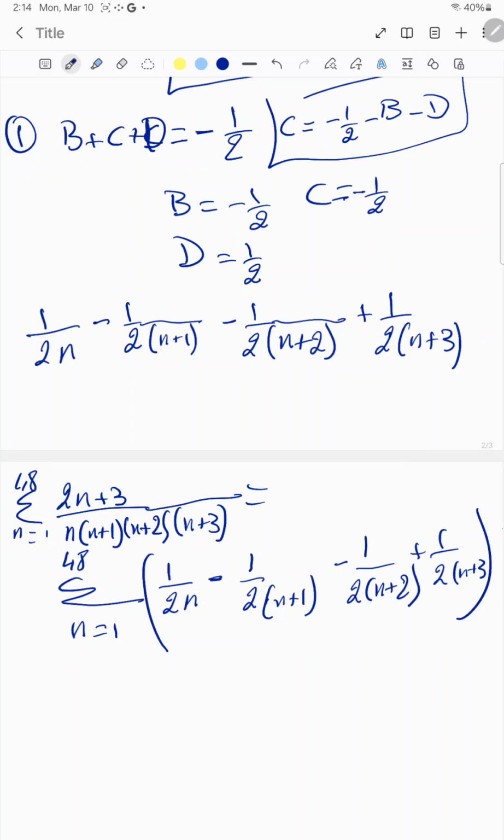I can separate my integral like this, and now I can factor out 1/2 and put it outside my sum, because for n equal 1 to 48, the 1/2 won't change.